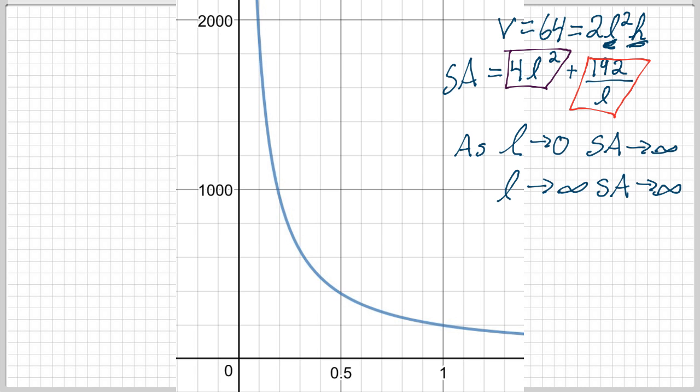So then our value that we found must be the minimum, because it's got to be smaller than infinity.